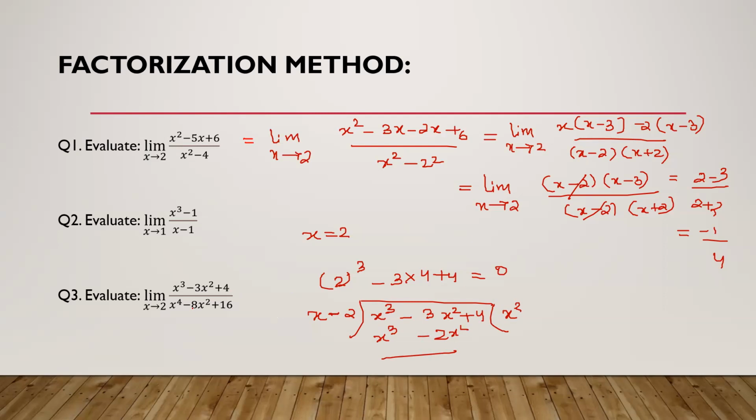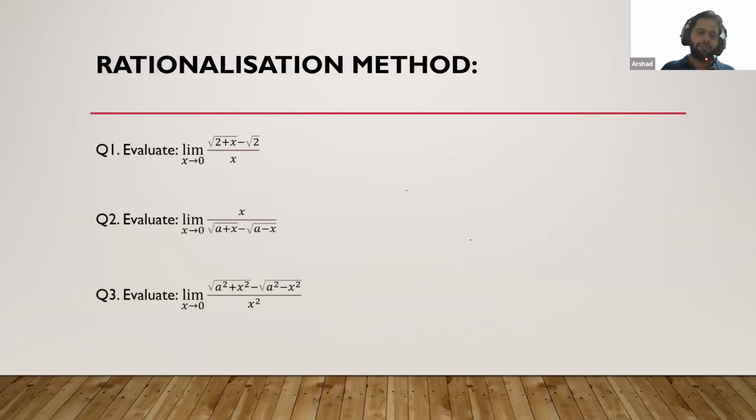Okay. Now the third one is rationalization. Whenever you get a question on limits, you will first try direct substitution, and after that factorization. If both of those fail, then you will check with the rationalization method. For example, here, if you put the limit directly, you will get a 0 by 0 form.